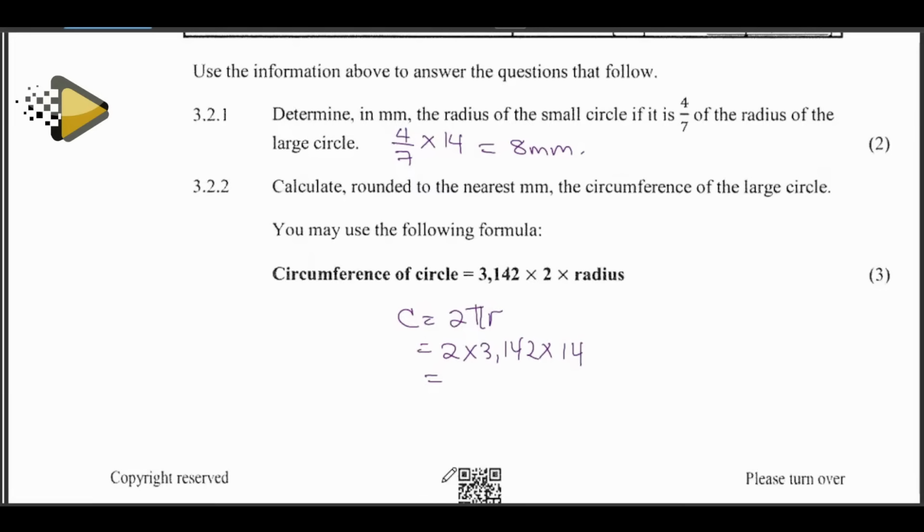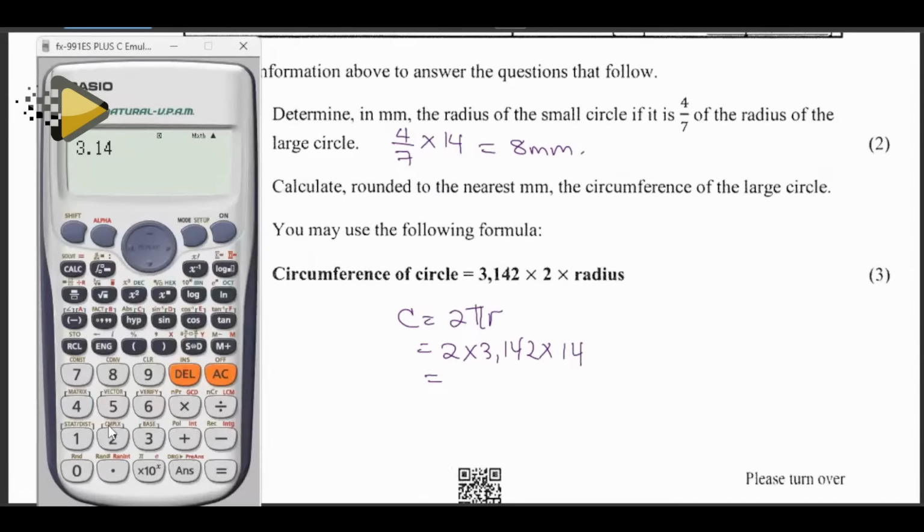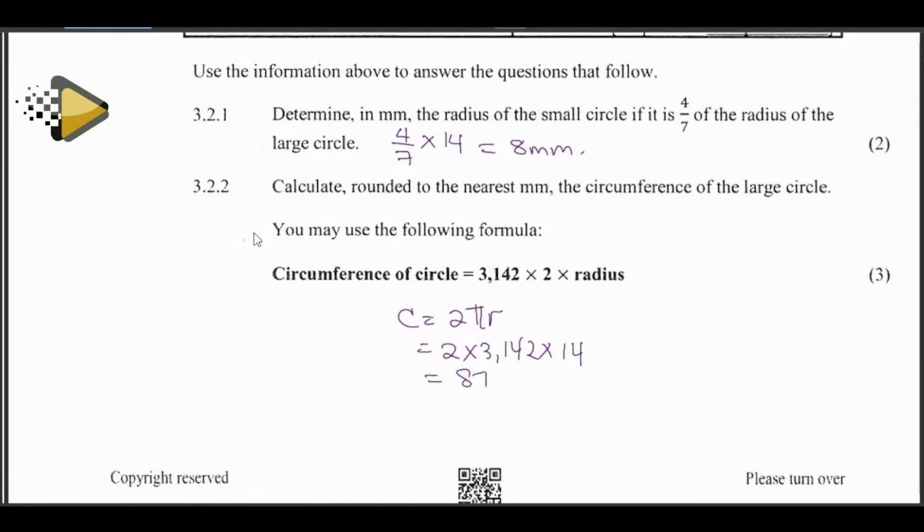So 2 times 14 is 28, times 3,142, and the answer is 87,98. But they said to the nearest millimeter, making it 88 millimeters.